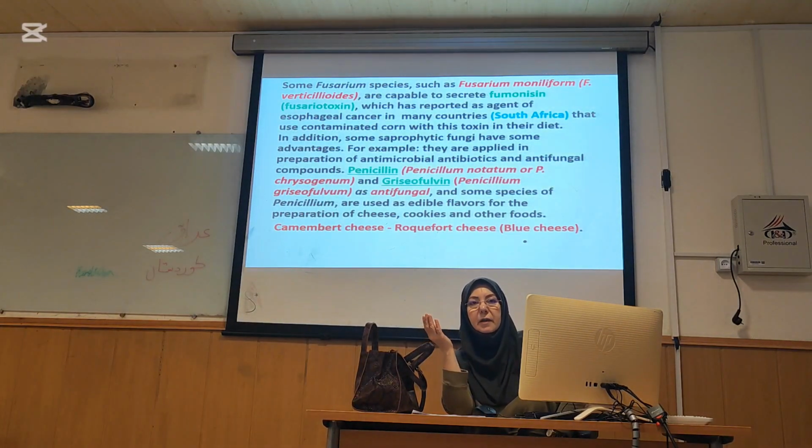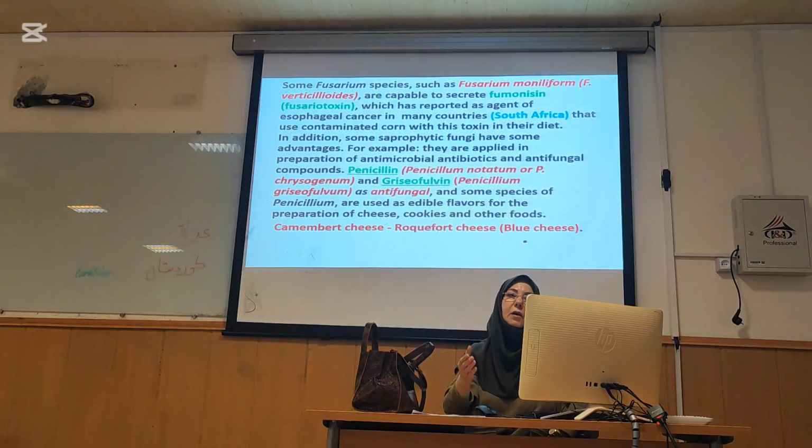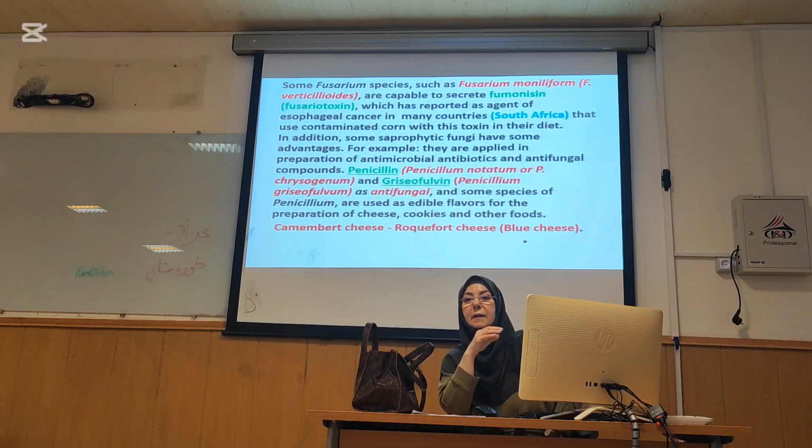In some countries like South Africa, you have very numerous fields that grow corn and cottonseed, and also grains.